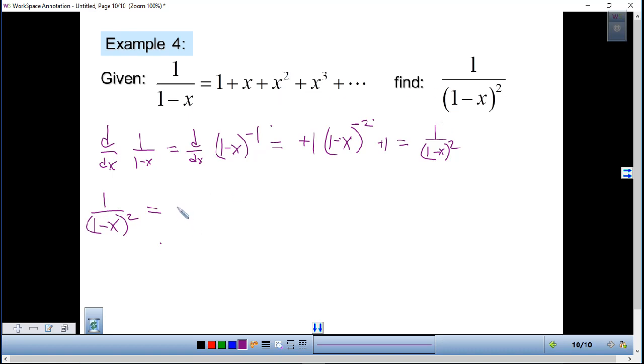So the derivative of 1, of course, is 0. The derivative of x, of course, is 1. The derivative of x squared is 2x. The derivative of x cubed is 3x squared, and then continuing on, it would be 4x to the third plus 5x to the fourth, continuing on forever. That infinite series would be equal to that thing right there.